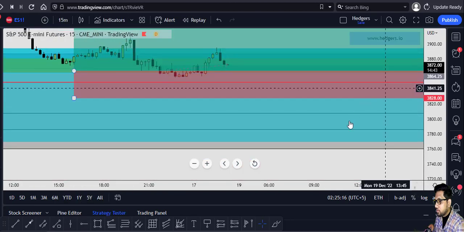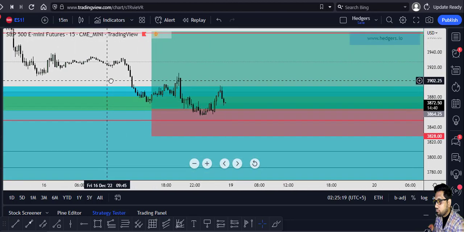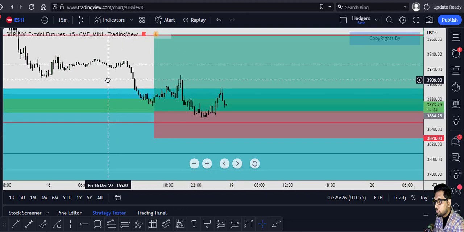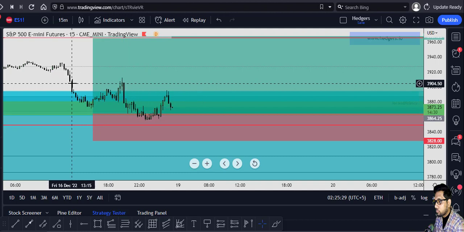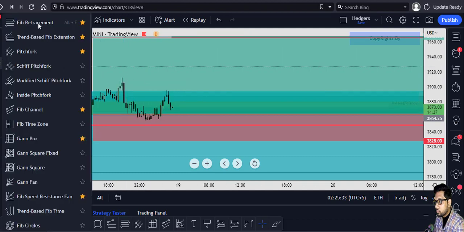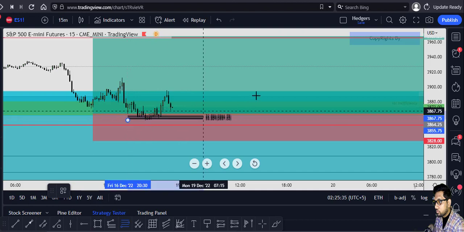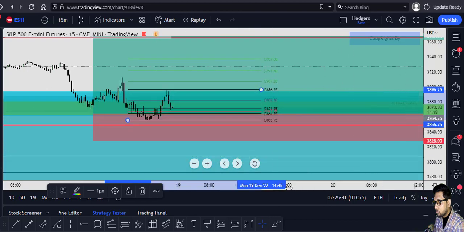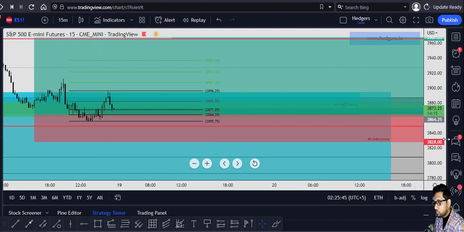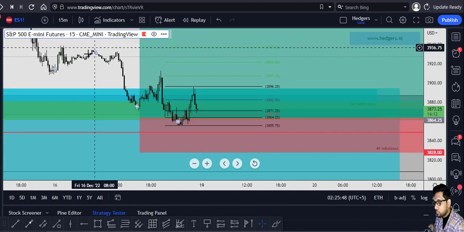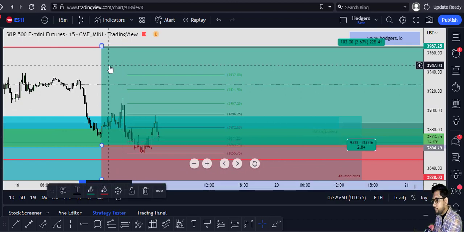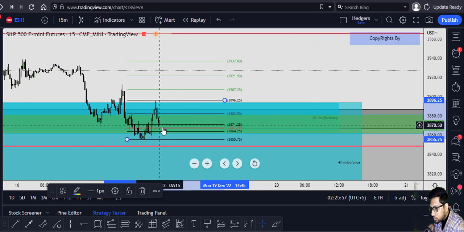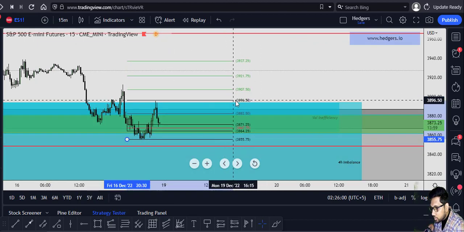Let's go to the lower time frame. So the OTE entry has been filled there.